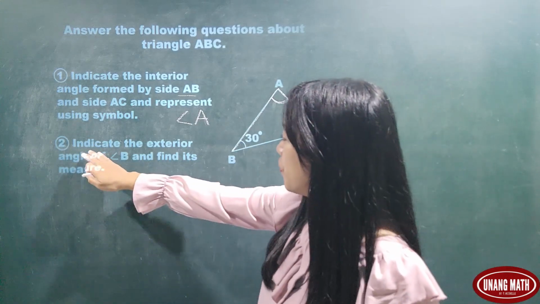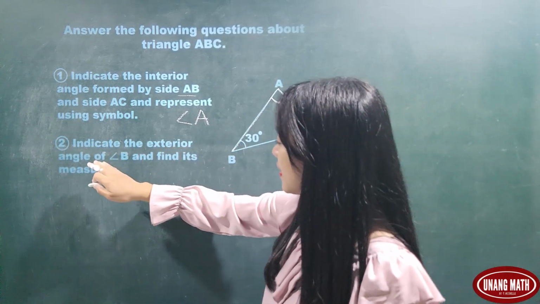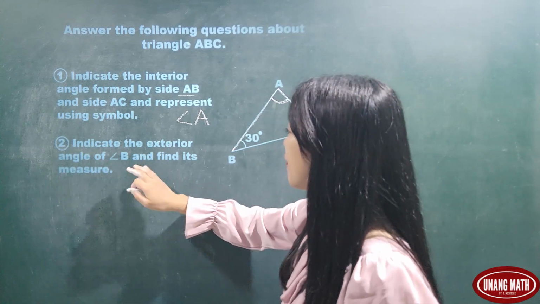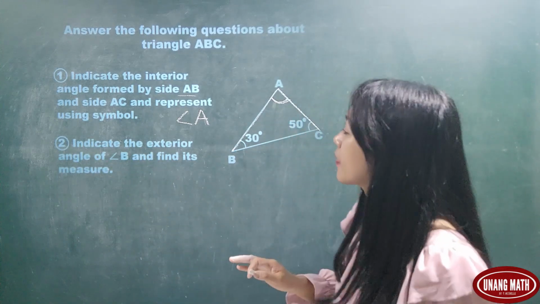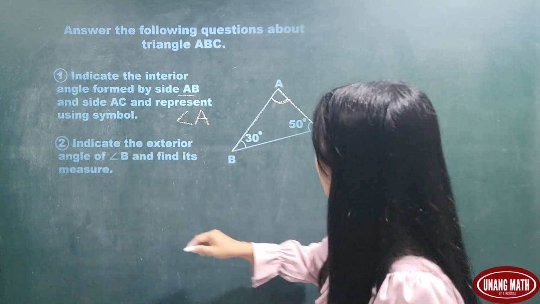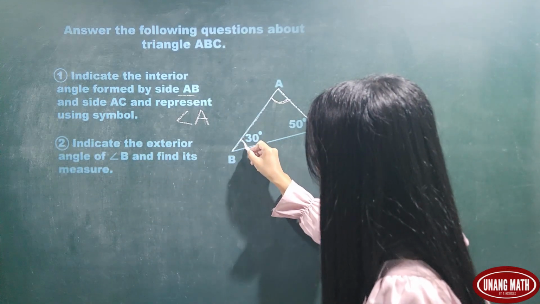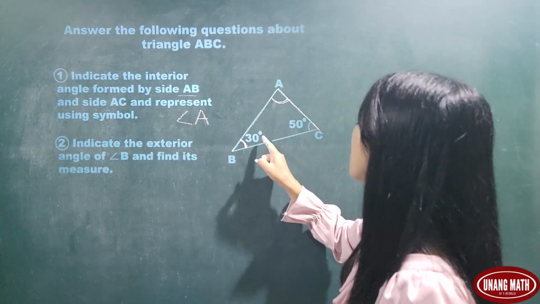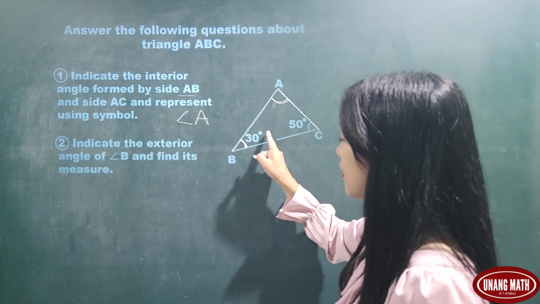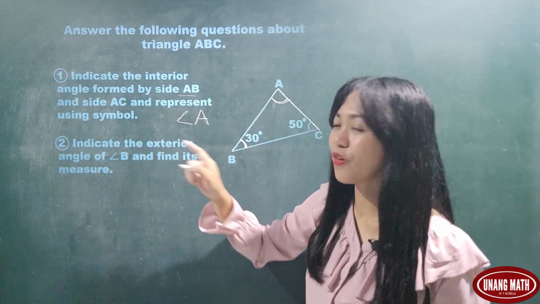Okay, what about number 2? Indicate the exterior angle of angle B and find its measure. Where is angle B? Angle B is this angle, and this measures 30 degrees. So where is the exterior angle of angle B?